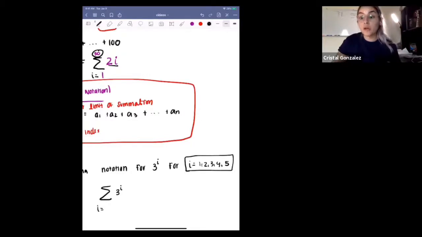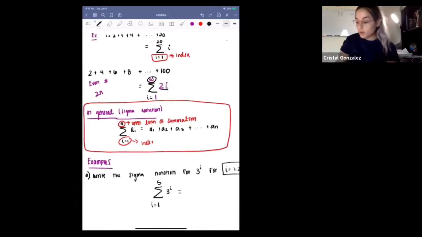We're starting off at 1, so that tells me this bottom index is going to start off at 1. Again, they don't always start off at 1. They can start off at random numbers, so don't let that fool you. And then the last thing is I'm going to end up at 5. So that's going to be my upper limit of summation.